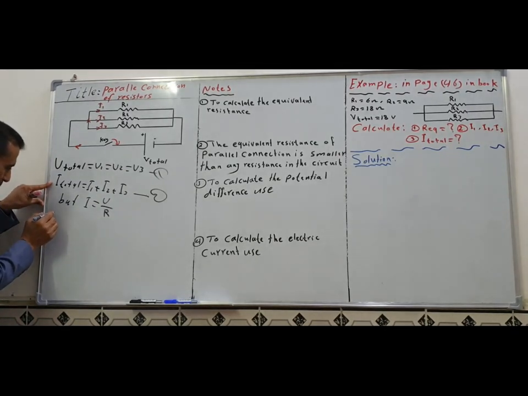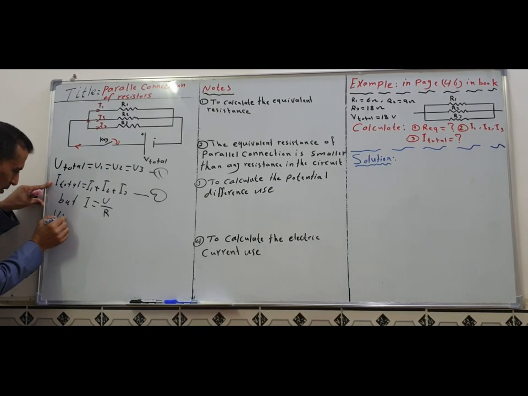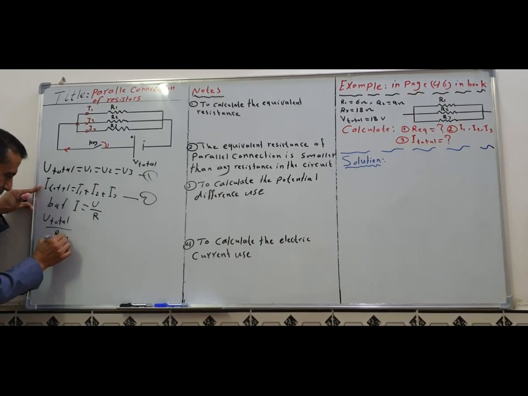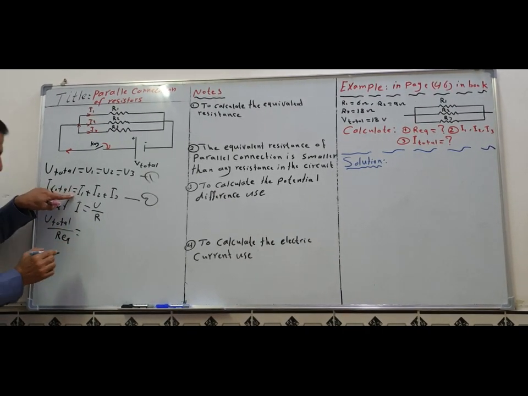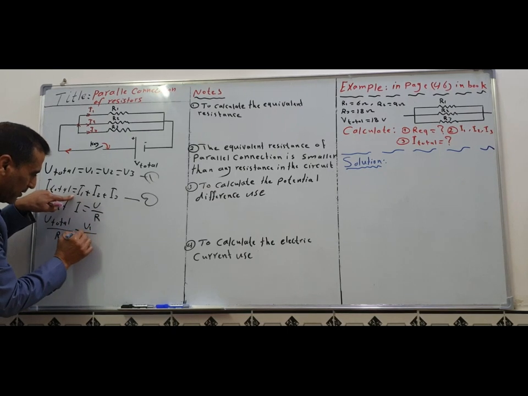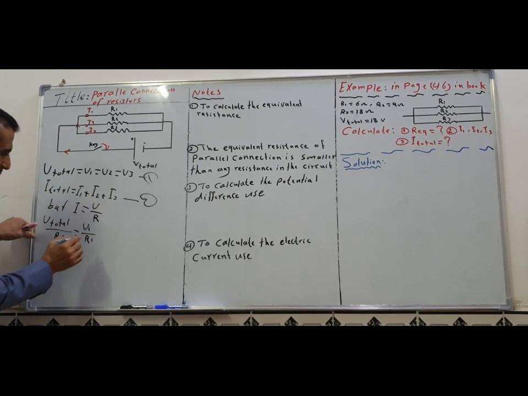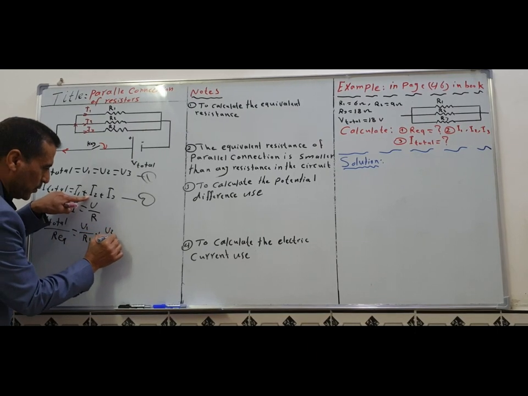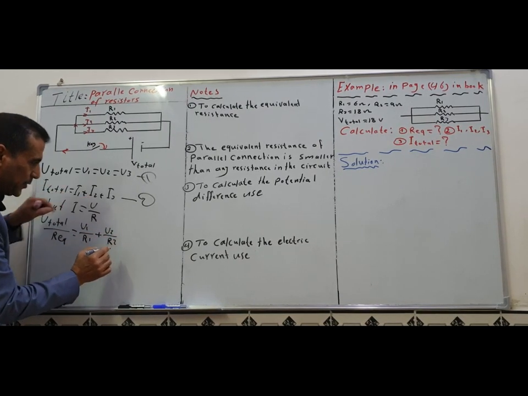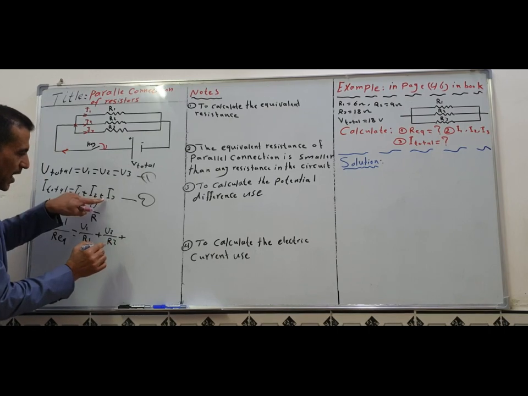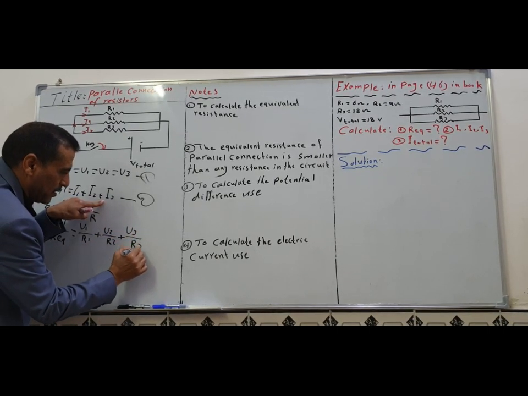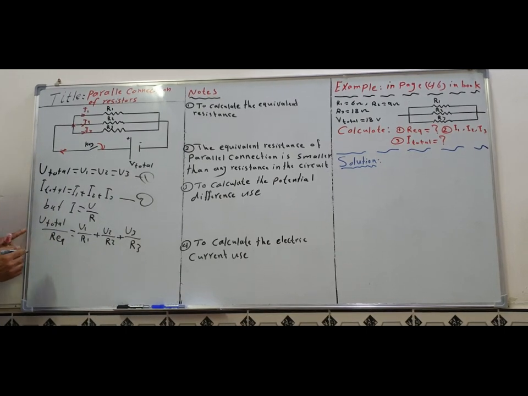I total equals V total divided by R, which equals I1 (V1 divided by R1) plus I2 (V2 divided by R2) and I3 (V3 divided by R3).